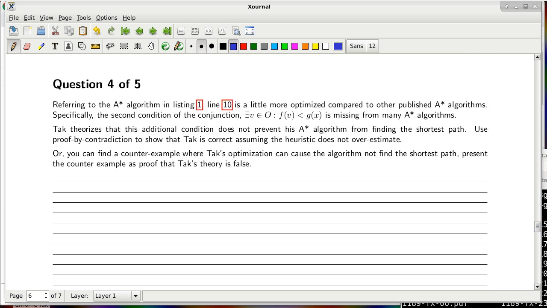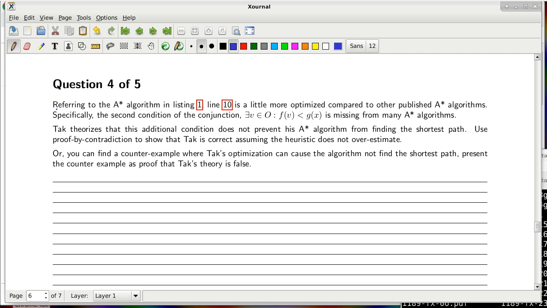Here's the next one, question 4. Now we are back to A star. Refer to the A star algorithm in listing 1, where line 10 is a little more optimized compared to other published A star algorithms. This is where it is important to use the algorithm that I list, because it may or may not be the same as what you know as the A star algorithm.